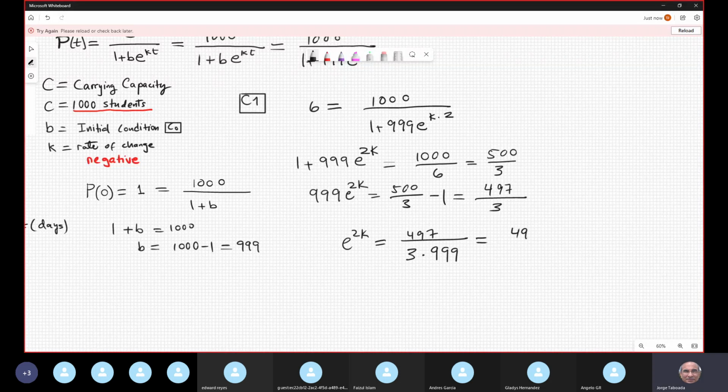Okay, I put it in my calculator now. Here is 2,997. Important moment: you apply the logarithm to both sides.